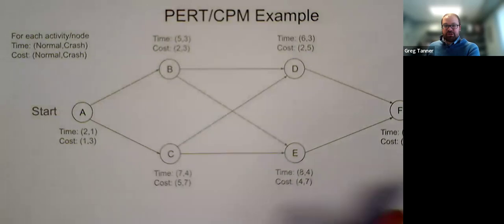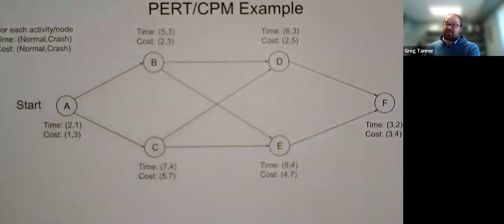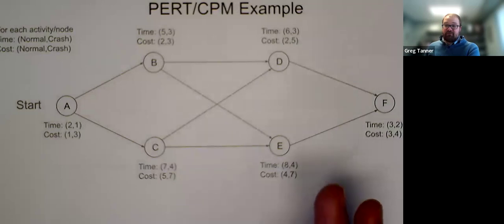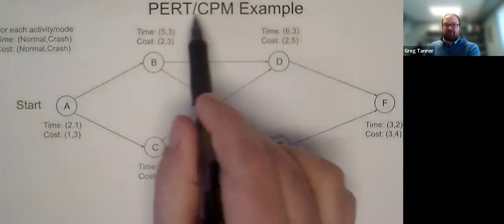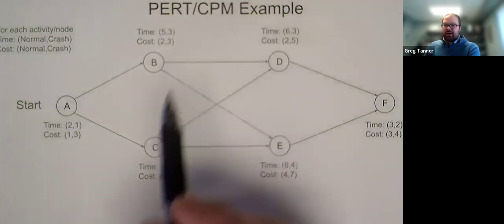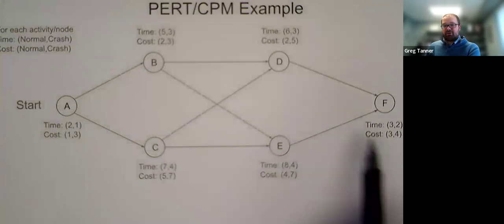So a couple questions that we might have when we have a project is, one, what's the soonest I can get it done if I don't crash anything? Okay. And so that's where the critical path and critical path method comes through, in that essentially we want to find the critical path, which is the longest path through the network.